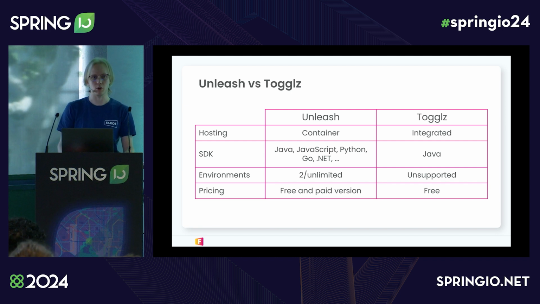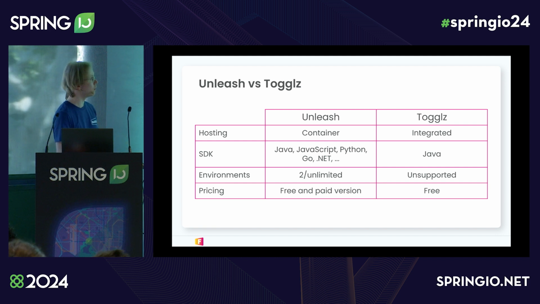There's no use for saying, hey, there are multiple environments, because it's still configurable as is in that moment. As for pricing, Unleash has a free and paid version. The free version has a couple fewer features, while Toggles is fully free and just ready to integrate.